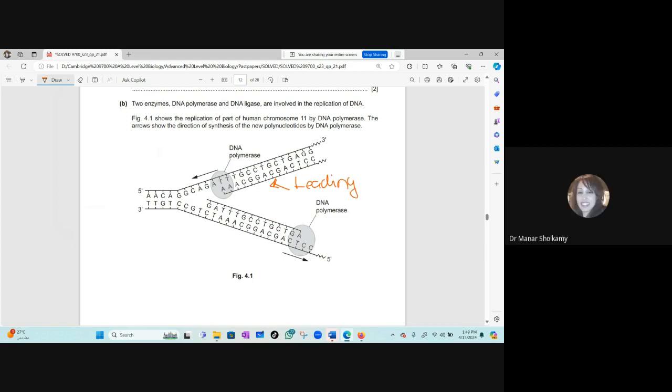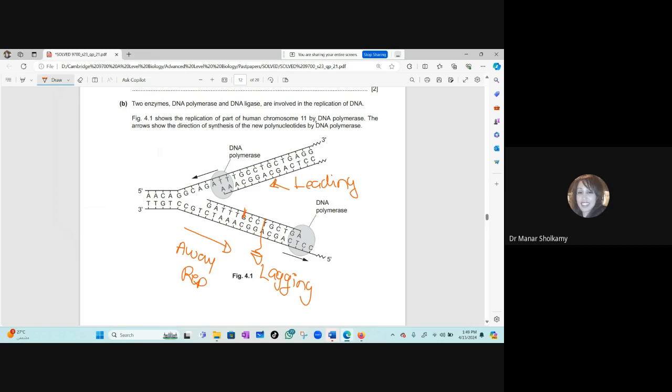Okay, it moves towards the replication fork and it is produced continuously or discontinuously? Continuously. Good. Now the other strand is produced in fragments, very good. This is called the Okazaki fragments, and it's the lagging strand, away from the replication fork.